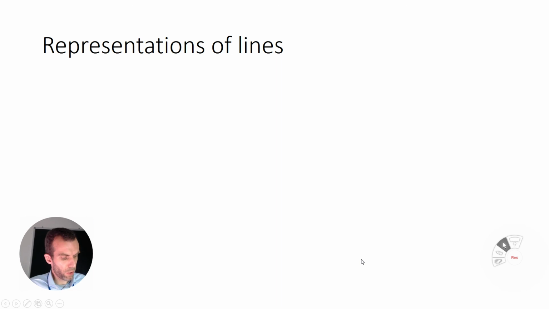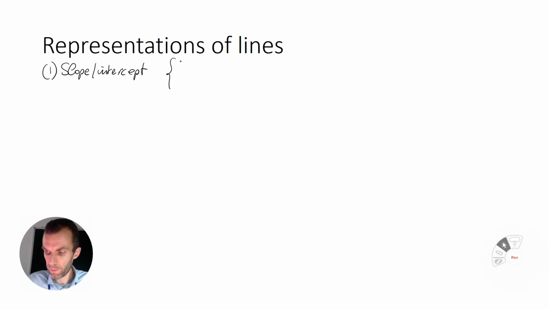And to finish up, let's talk briefly, recap the representations that we've seen of lines. So we've started off with the slope-intercept representation, which was of the form y is equal to mx plus q for a line that's not parallel to the y-axis, or x is equal to a for a line that is parallel to the y-axis.